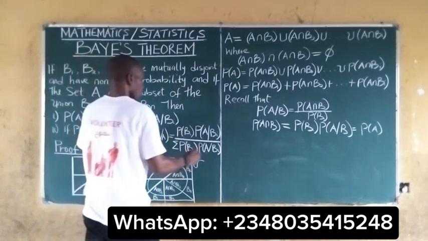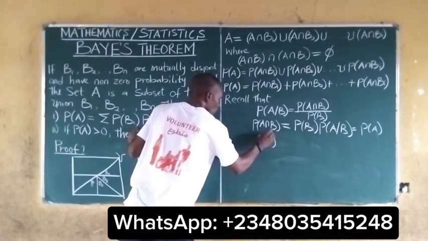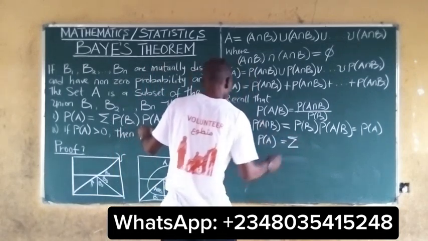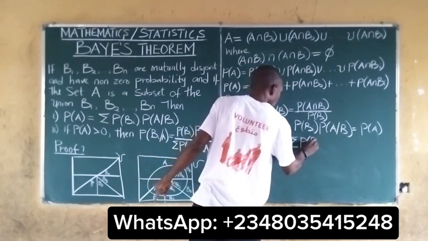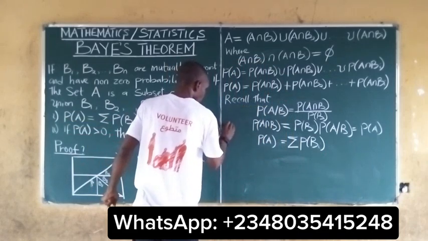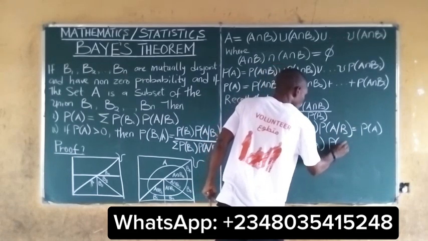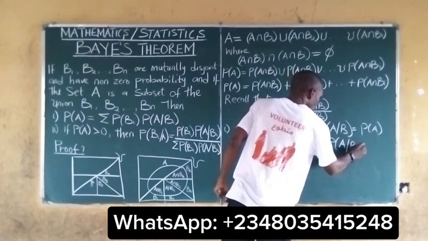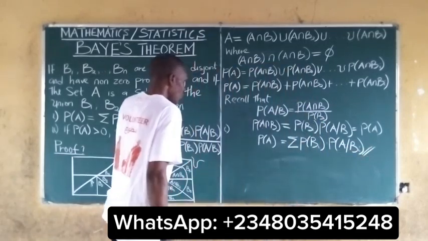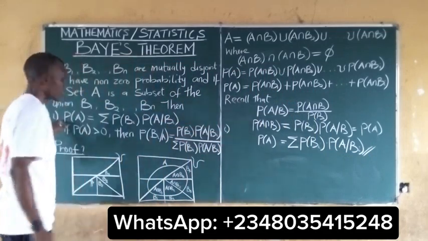It then means that the probability of A, which is this, is equal to the summation of the probability of Bi multiplied by the probability of A given Bi. So this is the first. So we succeeded in proving the first one, which is this.